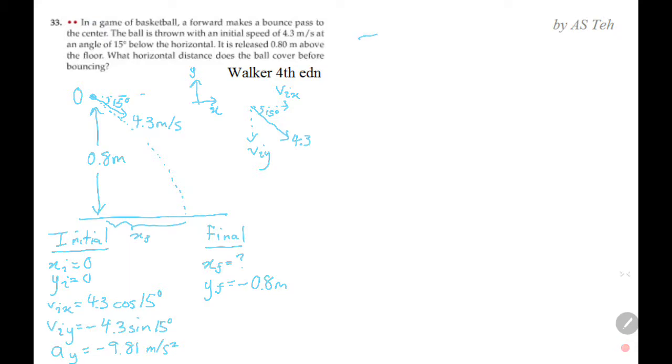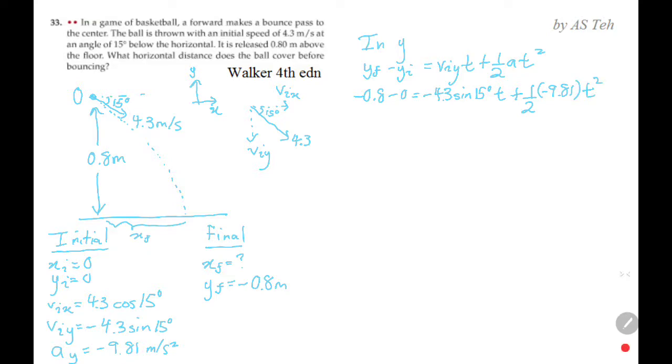So in y, I have y final minus y initial equals Viy t plus half a t squared. So y final is negative 0.8, y initial 0, v initial y is negative 4.3 sine 15 degrees, times time, plus half negative 9.81 t squared.